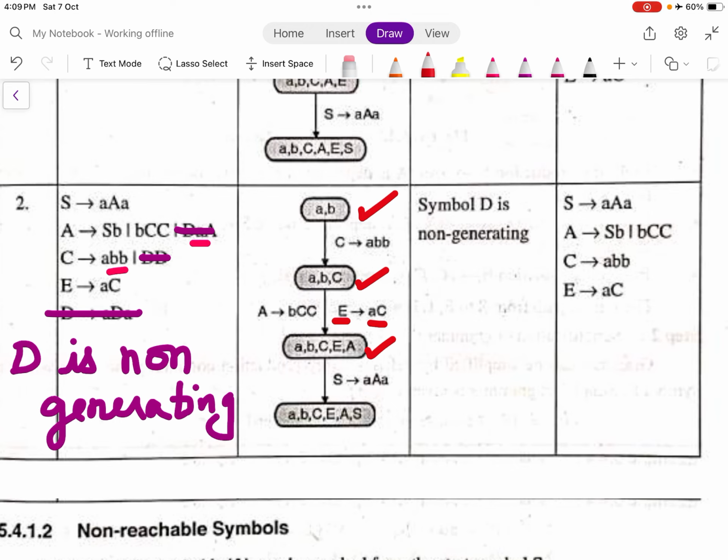With the help of S you can derive A, so S is also generating. So which is not generating? Symbol D is non-generating. Remove wherever you have D. This is your simplified grammar.